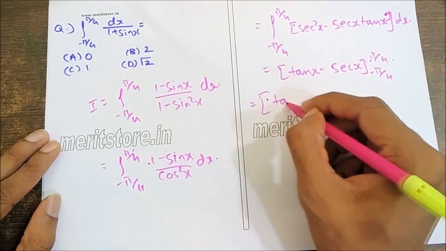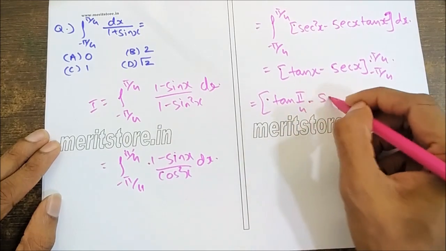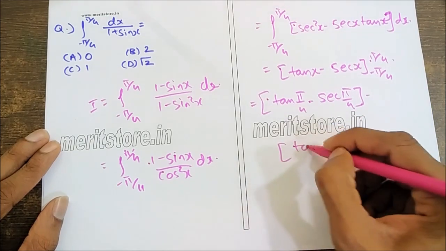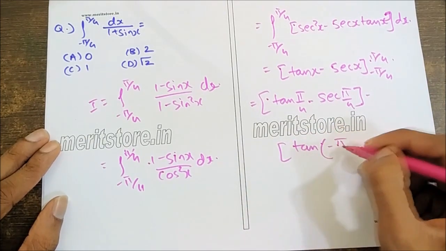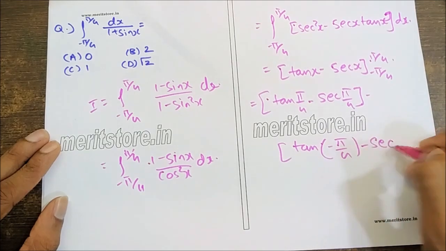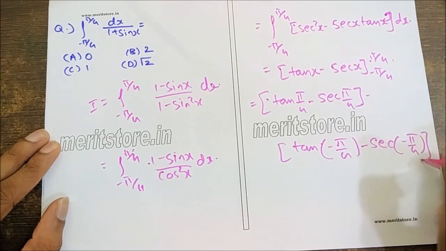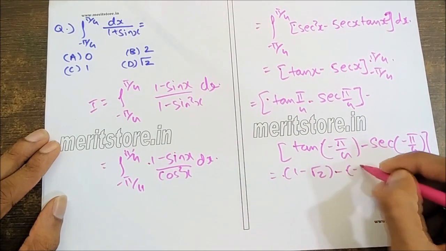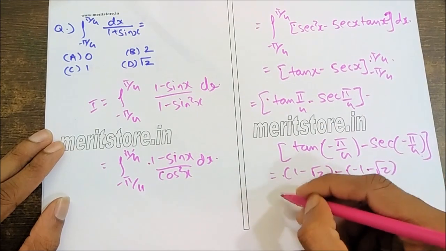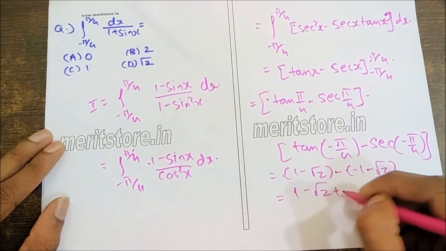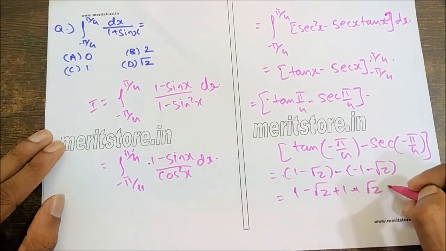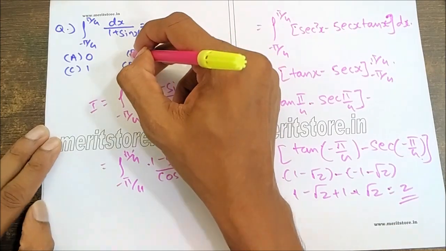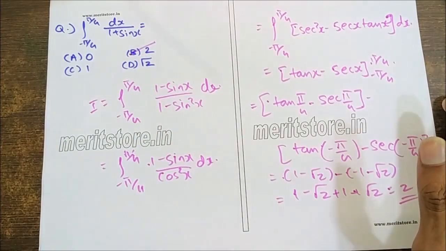Substituting, we get tan pi by 4 minus sec pi by 4 minus of tan minus pi by 4 minus sec minus pi by 4, which is equal to 1 minus root 2 minus of minus 1 minus root 2, which is equal to 1 minus root 2 plus 1 plus root 2, which we get equal to 2, which is, we see our answer matches option B. Therefore option B is the correct answer.